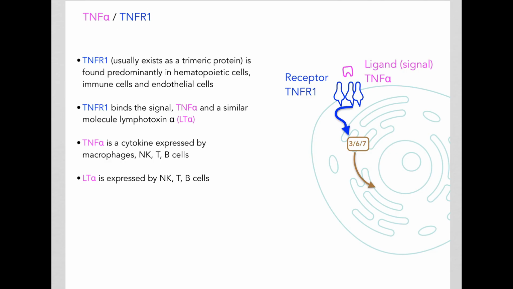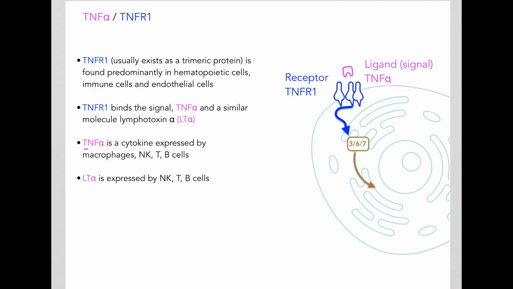The receptor TNFR1 is found predominantly in hematopoietic cells, immune cells, as well as endothelial cells. And TNFR1 binds the signal TNF-alpha as well as a very similar molecule called lymphotoxin alpha, or LT-alpha.